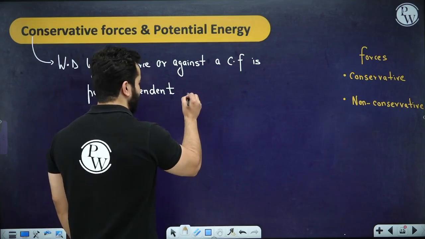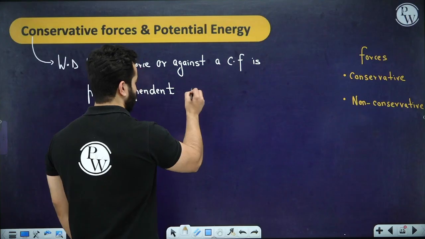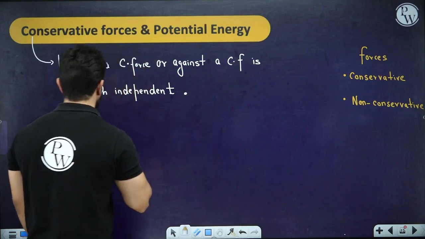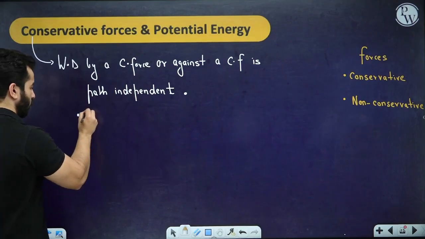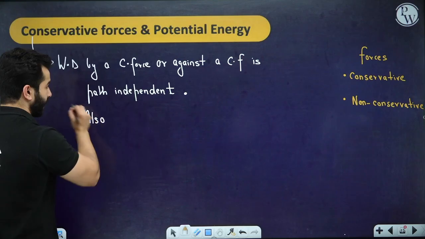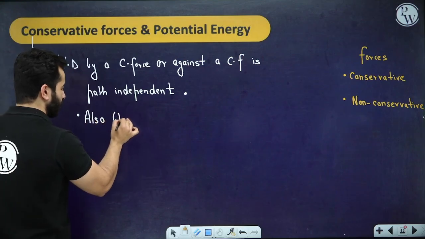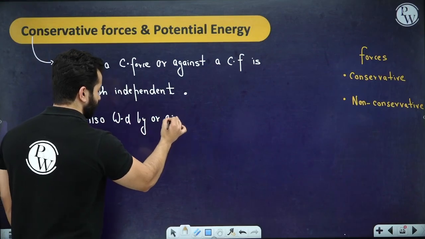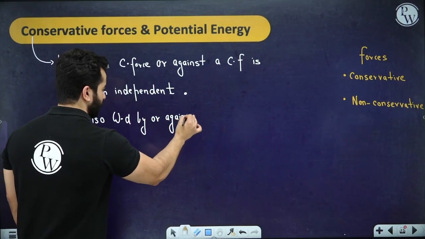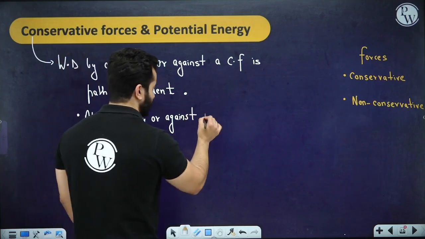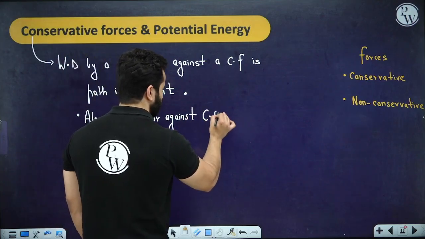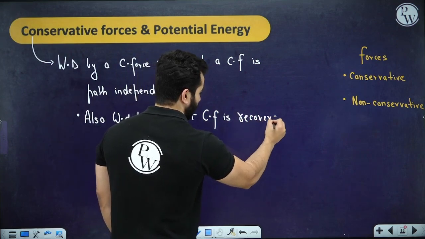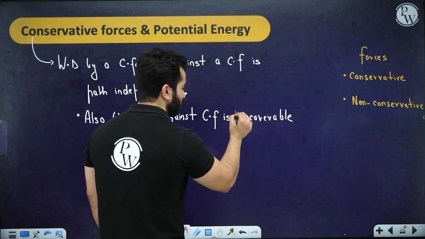Also, we can say that, I'll write it in the next point. Also, again, same line, work done by or against a conservative force is recoverable, right? What do you mean by this?